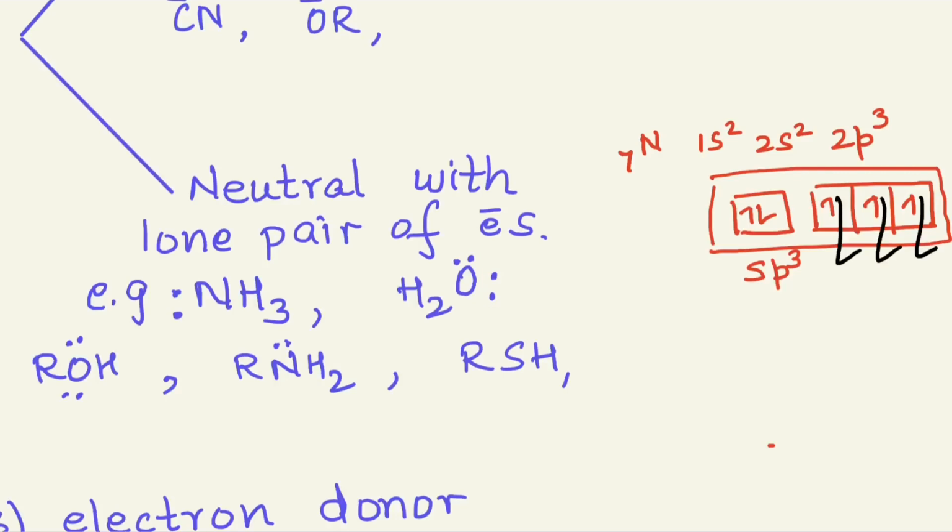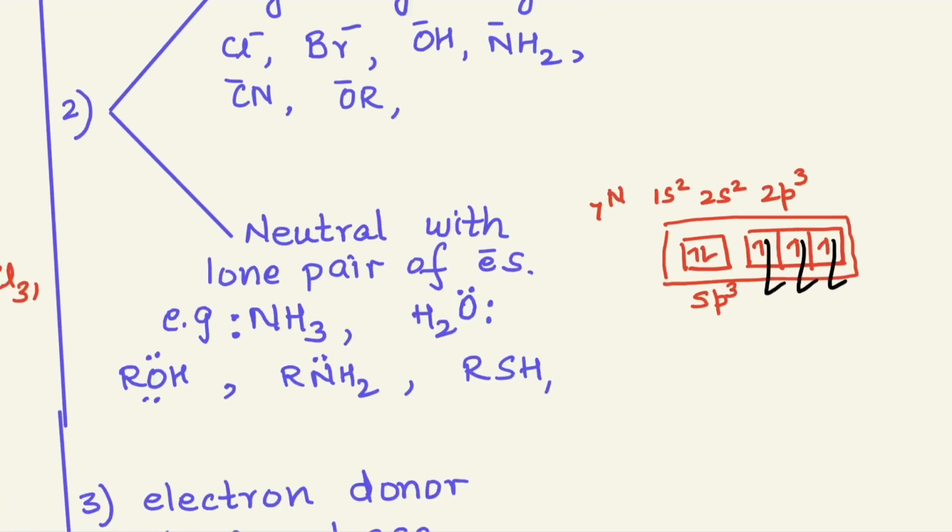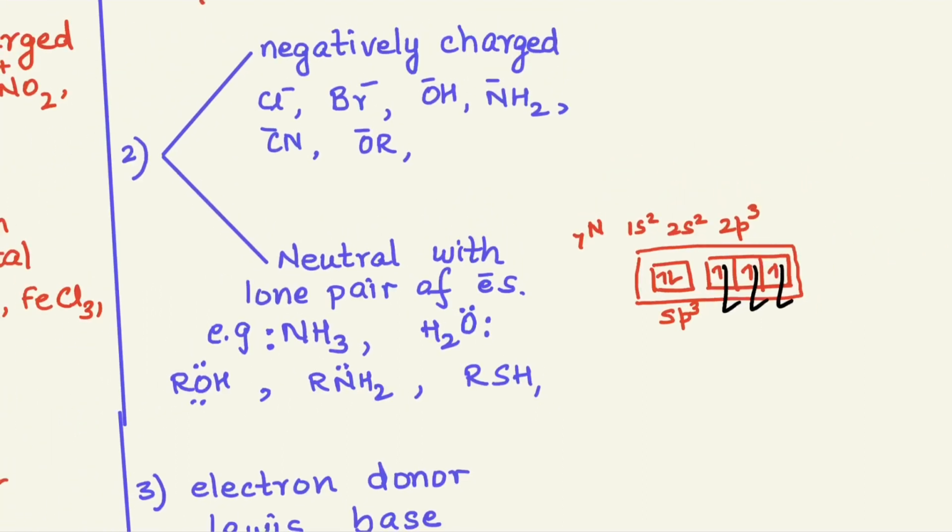If you are unclear about these concepts, there are videos on VSEPR theory, structure of ammonia, structure of water on the channel. You can go through them. So what we've got, nucleophiles may themselves be negatively charged or neutral with lone pair of electrons on them. Right. Now, if they have an excess of electrons, they'd like to share it, right?